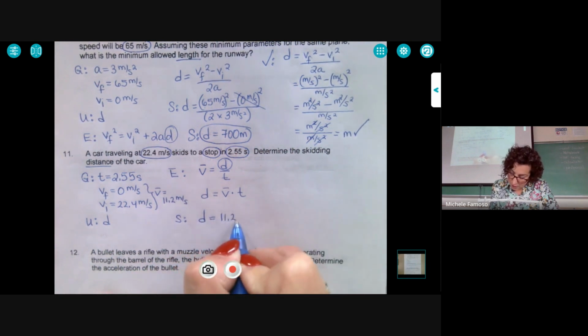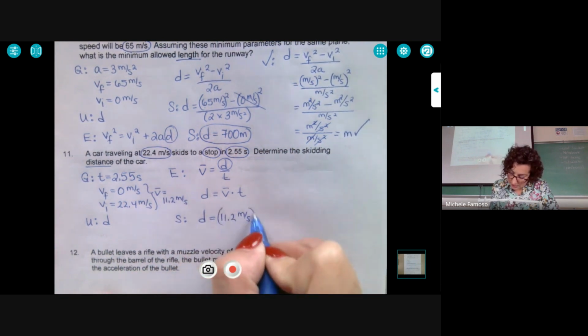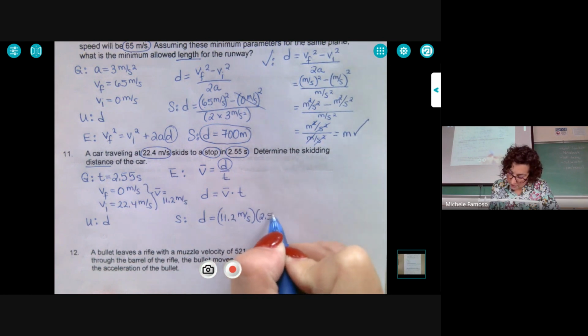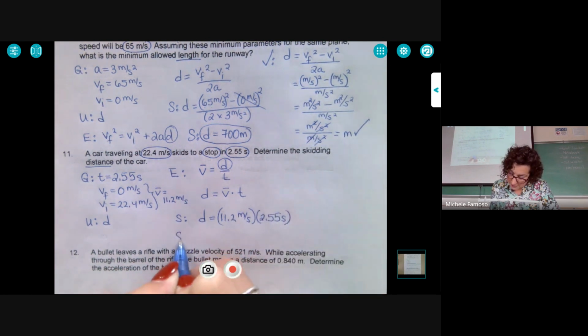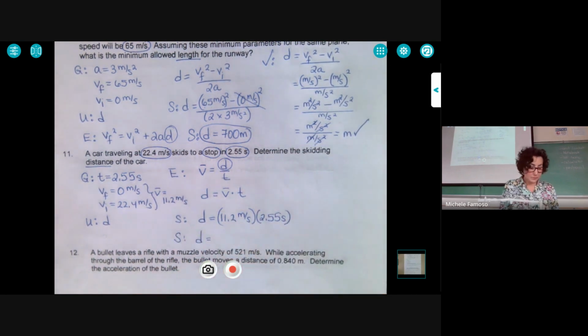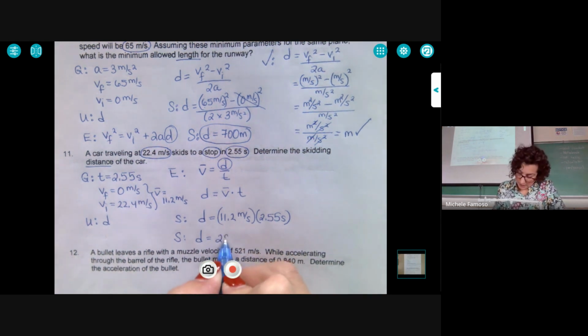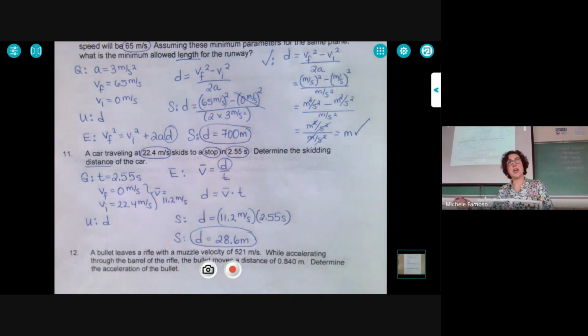That is 11.2 meters per second times 2.55 seconds. Mike, do you think you have an answer? 28.6 meters. I agree. And we did the check back in number 2, so I'm not going to repeat it again.